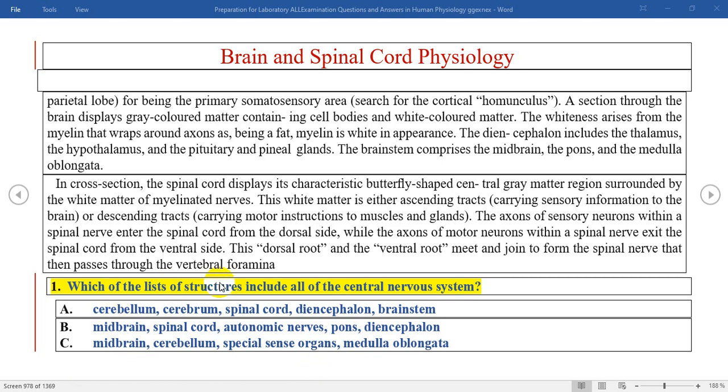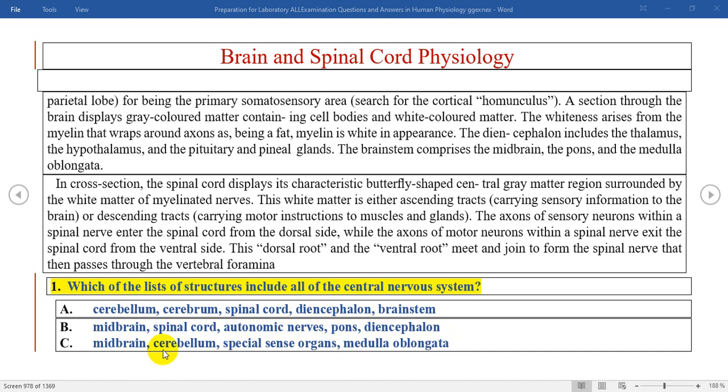Which list of the structures includes all of the central nervous system? A. Cerebellum, spinal cord, diencephalon, brainstem. B. Midbrain, spinal cord, autonomic nerves, bones, diencephalon.